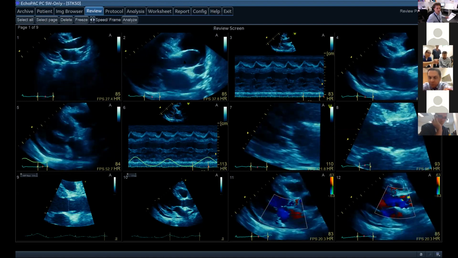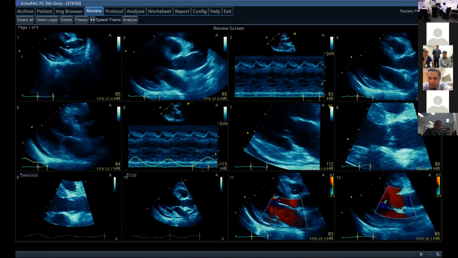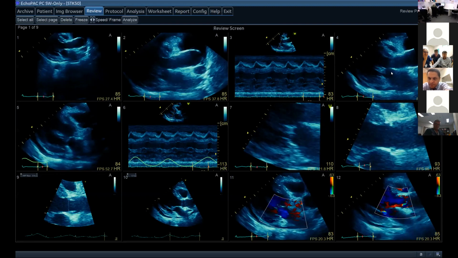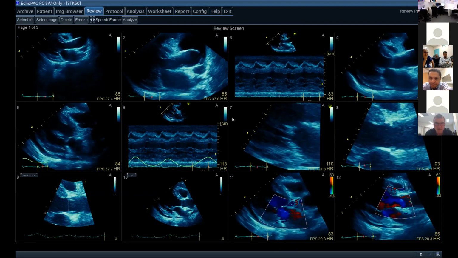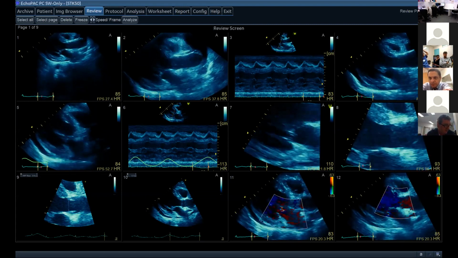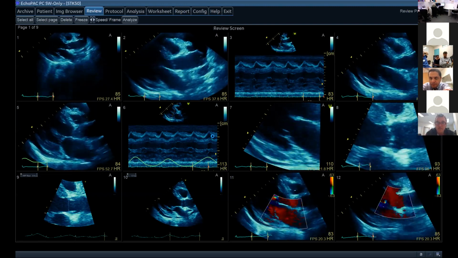So just trying to time the diastolic collapse. I'd like to slow it down and do it frame by frame. What are you looking for? Diastolic collapse. Which chamber do you want to see? The RV does look like it's collapsing. Which would be your best views for that?